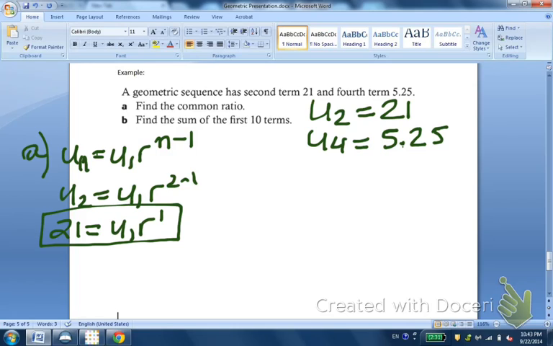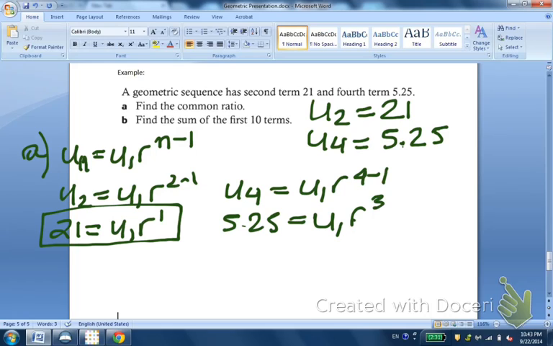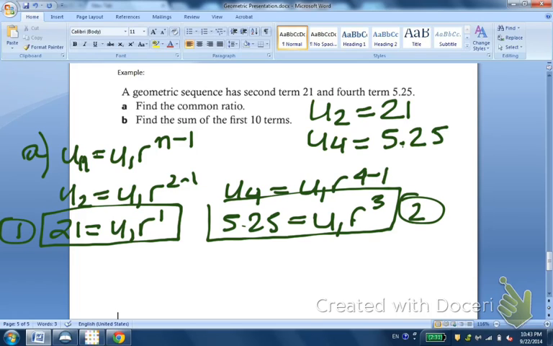Let's also plug in the information for u of 4 into the formula. u of 4 is u of 1 r to the 4 minus 1. u of 4 is 5.25, so 5.25 is u of 1 r to the 3. And let's keep this. This is equation 1. This is equation 2. We've got to do some stuff with this now.